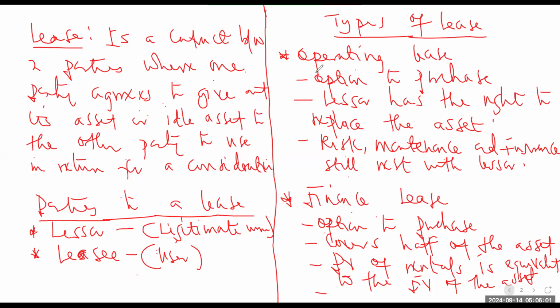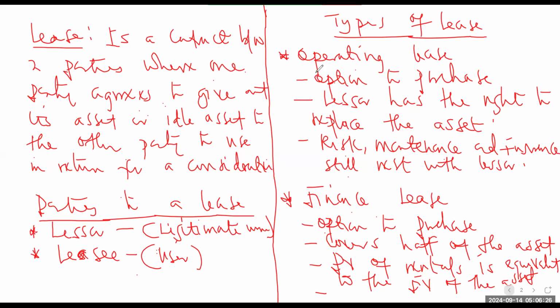But if you come to operating lease, we don't recognize right of use, although right of use will be granted to you, but it is not possible that you are going to be enjoying the economic benefits of the assets and the risk and maintenance. So you cannot insure. If you are insuring, it means that it is as if you are the owner, but there's no issue of insurance, maintenance, and risk transfer to the lessee.